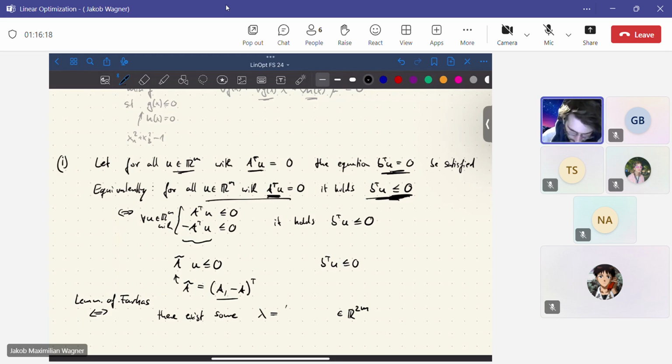And we can split this lambda into something that we call plus and something that we call minus.